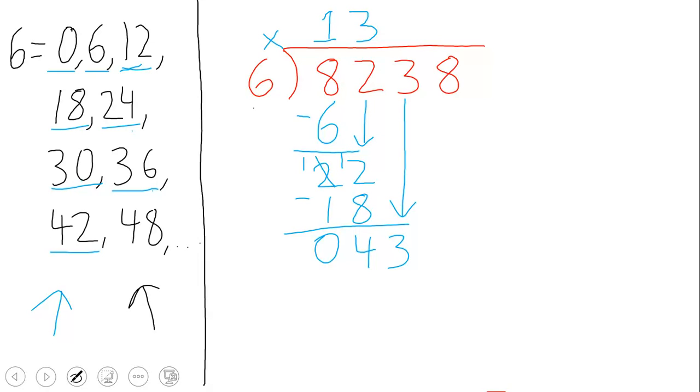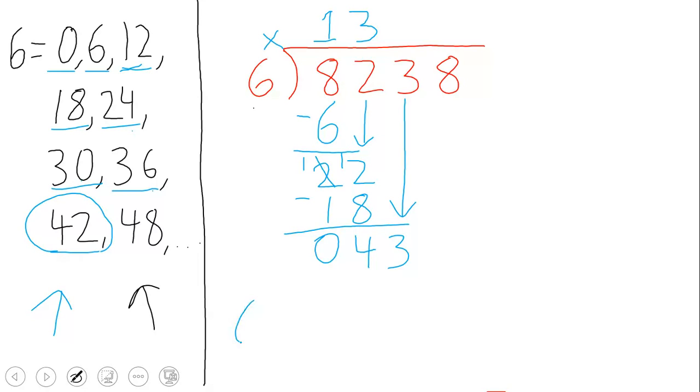But 48 is greater than 43. And the largest multiple of 6 that is less than 43 is indeed 42. So we know that the largest multiple of 6 that is less than 43 is 42.